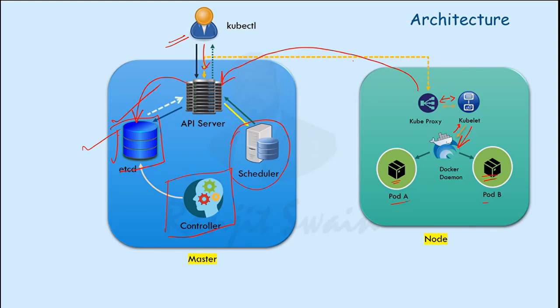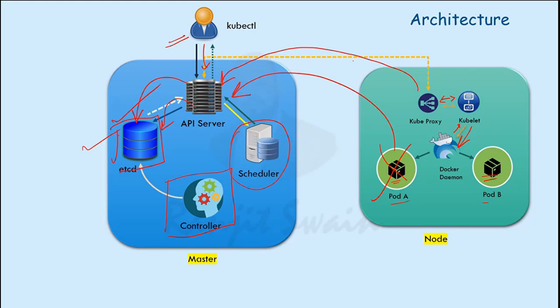If it finds anything happens in the database, if any pod failed, what will happen? The kubelet sends the information back to the API, and again the API will update it. That means in the etcd database there will be one piece of information that pod A has failed. As the controller is scanning the etcd database every millisecond, it finds that pod A has failed. What will happen?